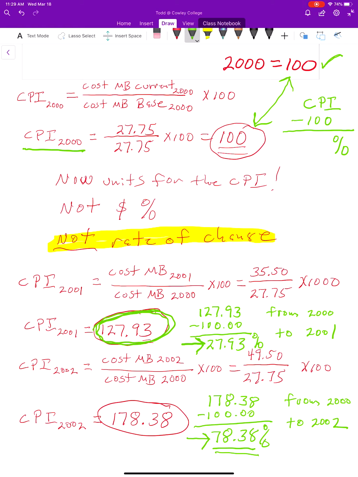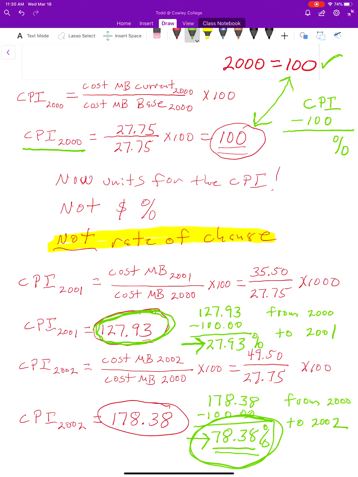Okay, did you hear the difference? The second statement is implying that average prices are increasing at this rate every year. And that is not what the CPI is saying.